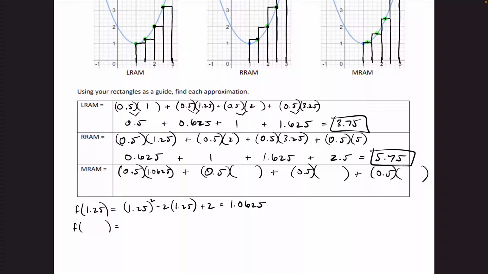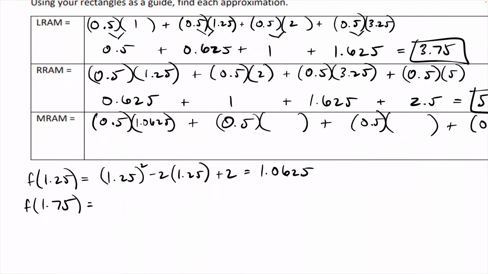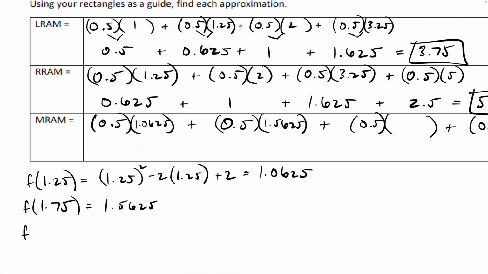That's the first rectangle. How do I figure out the second rectangle? 1.75, good. When you do that, your y value is going to be 1.5625. I'm not making you do the math, as long as you know how to do it, so that if you were to do it, you could figure it out. The third rectangle is when x is 2.25.